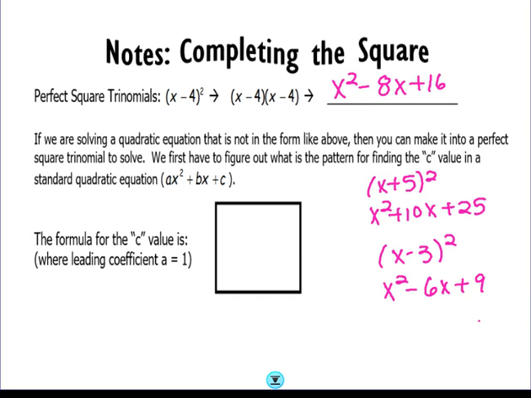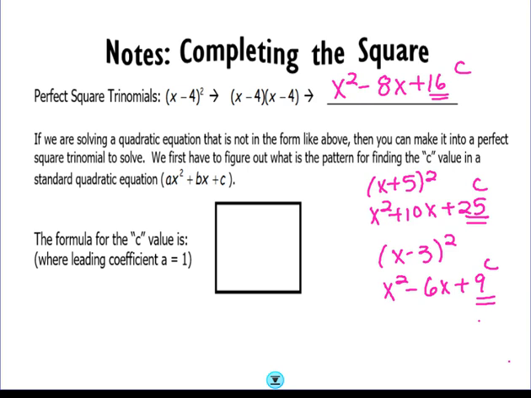Alright, so if we're solving a quadratic equation that's not in the form like above, then we'll make it into a perfect square trinomial. That's what we mean by completing the square. We're going to be finding this number, our c, to make our quadratic a perfect square trinomial. We first have to figure out what is the pattern for finding c in a standard quadratic equation.